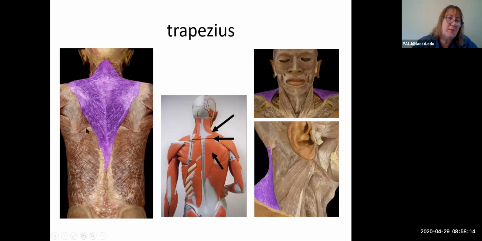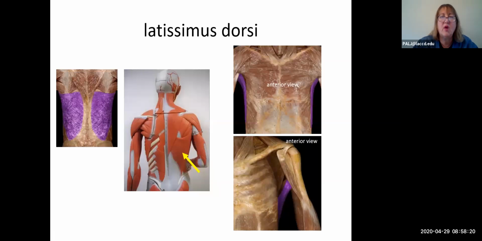So if we look at the back, what you can see is most of the lower back is covered by one big broad muscle known as the lats, the latissimus dorsi. And so the origin is all here next to the spine and the upper part by the iliac crest.